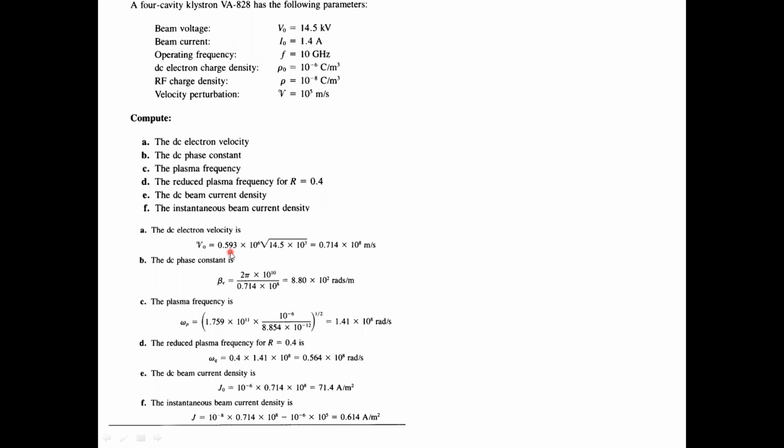Just recall the equation and substitute the given data. The answer is 0.714 times 10 power 8 meter per second. So this is the first question's answer.